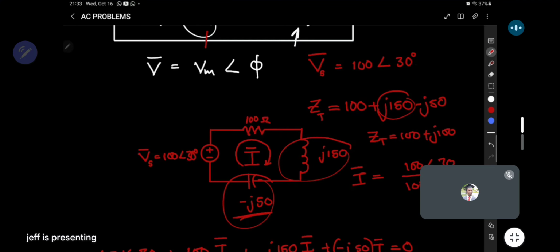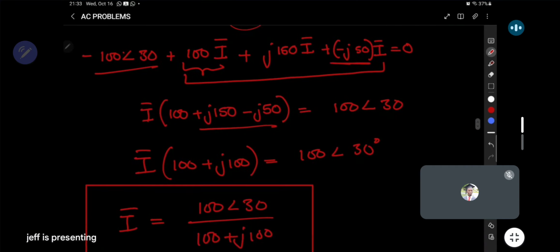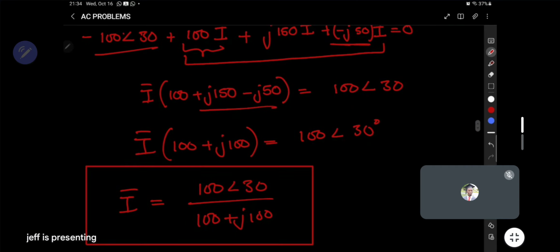You still end up with the same expression we obtained by using Kirchhoff's voltage law. So whichever approach you pick should still arrive at the same conclusion. My point here being, the same techniques we used for DC circuits will also apply here.